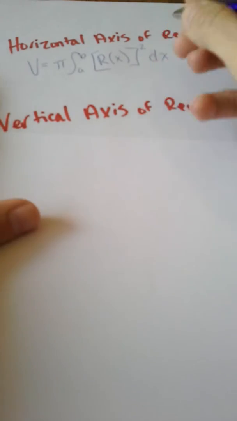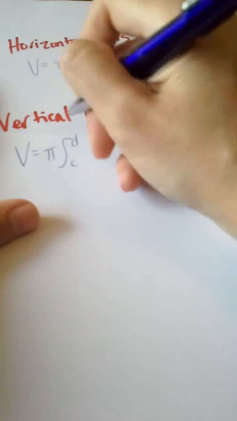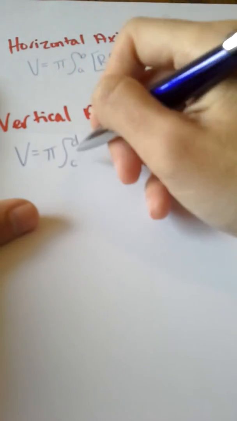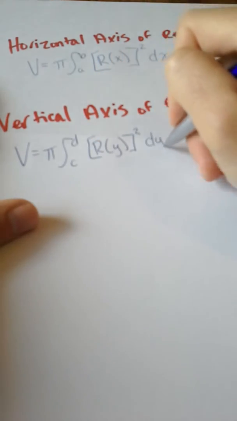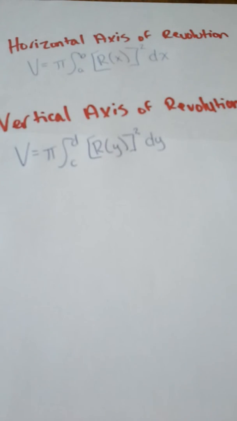If you have a vertical axis of revolution, you are going to have volume equals pi, integrate from c to d, make sure those are in the y direction, whatever function gives you the radius in terms of y squared, and the height will be given by dy. With that, you should be good to go.